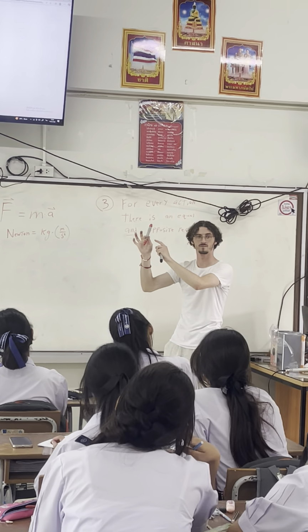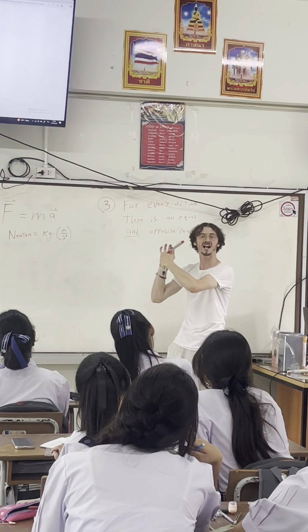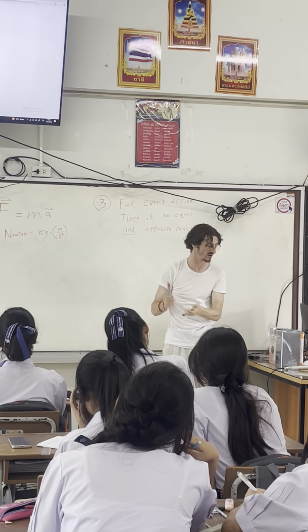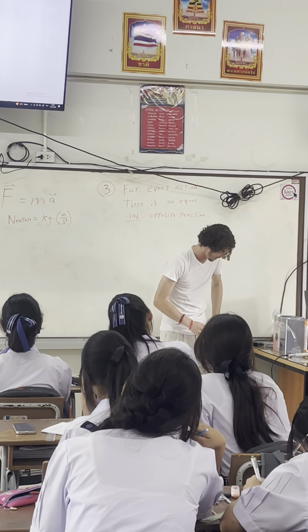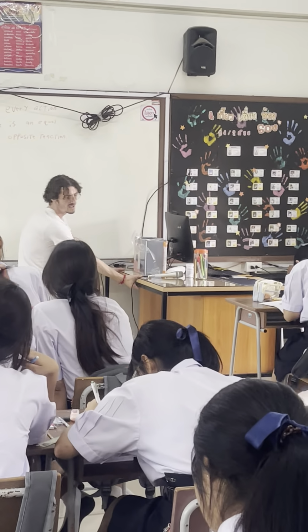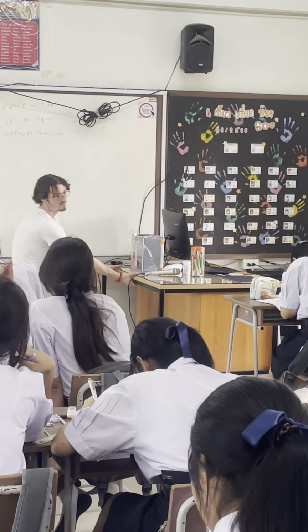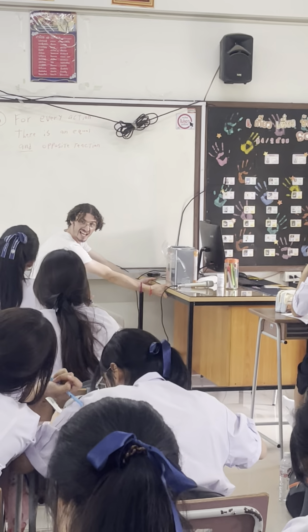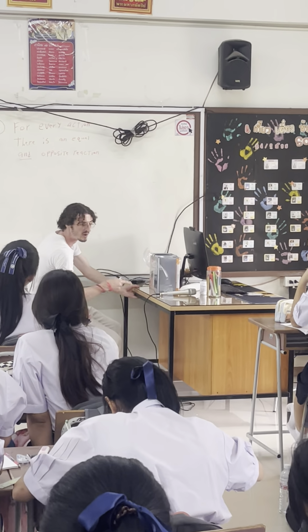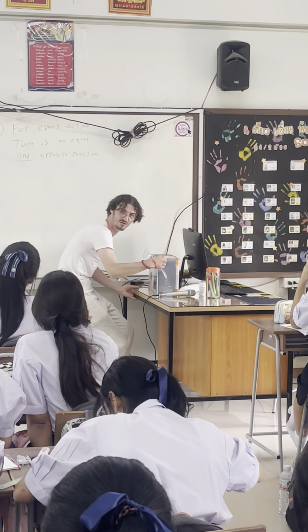The pen pushes back on me. It resists my force. So if I pull on this, it pulls on me the same amount. So this must be pulling me this way just as much as I'm pulling it the other way.